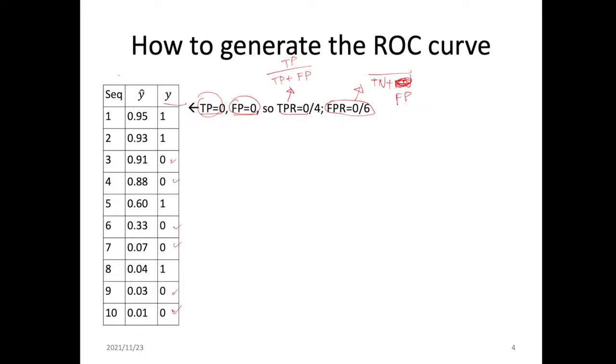In the numerator there should be false positives. Let me think about it for a moment. Sorry, this should be false positive.